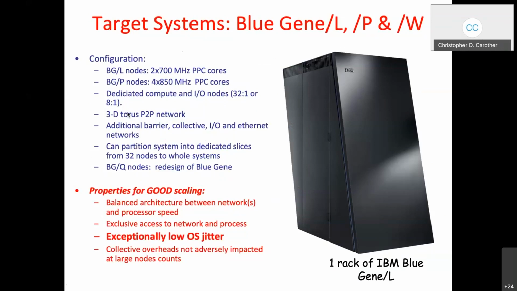But the big secret to these systems was their networking. And that was true for L, P, and Q, as we'll see. In particular, they had a torus network that was just for point-to-point messages, so for MPI point-to-point messages in particular, but they also had barrier, collective, and I/O networks as well that were dedicated. The great thing about these systems across all the generations is that they were very well balanced between the network and the processing speed.